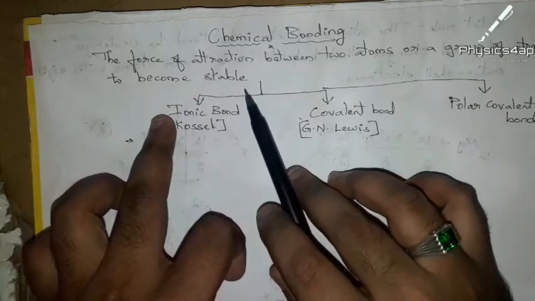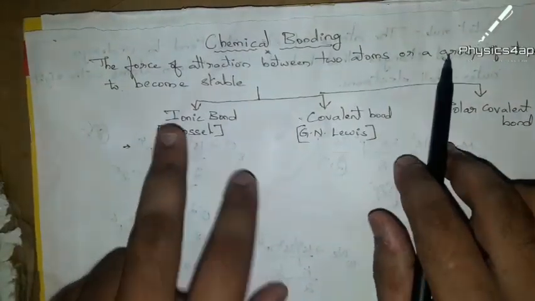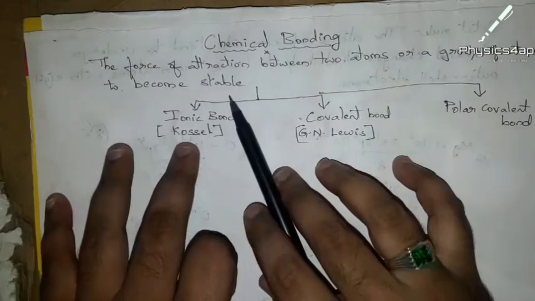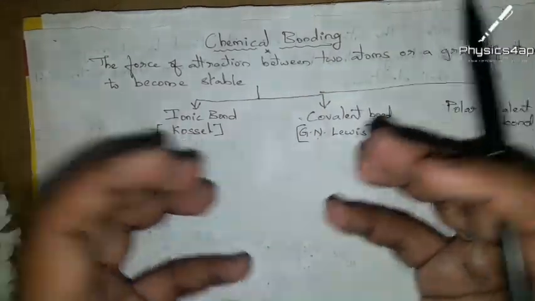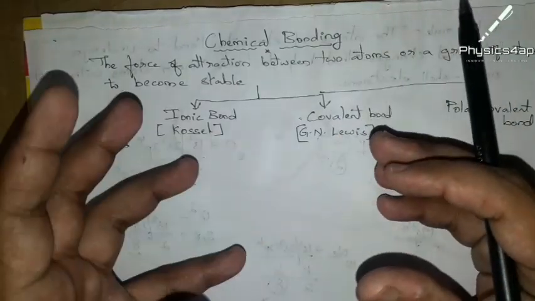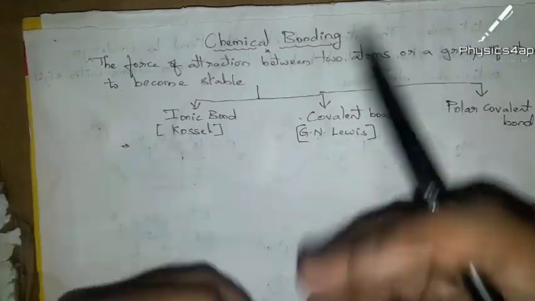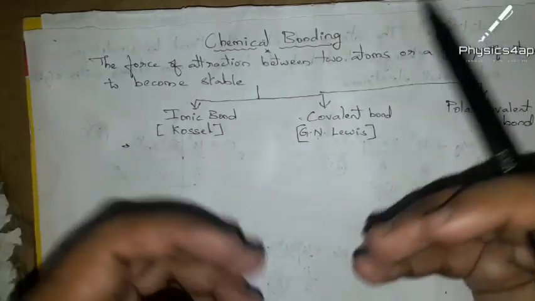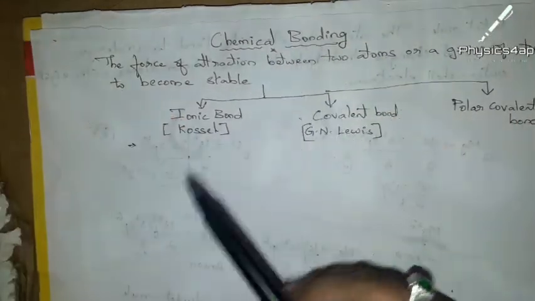Like if we take Na and Cl, when we combine we get NaCl, or if we take oxygen and another oxygen, we get O2 as a molecule. These are what we call chemical bonding.